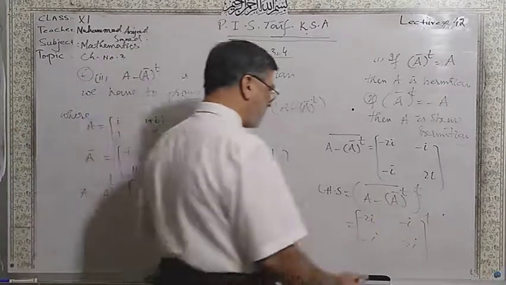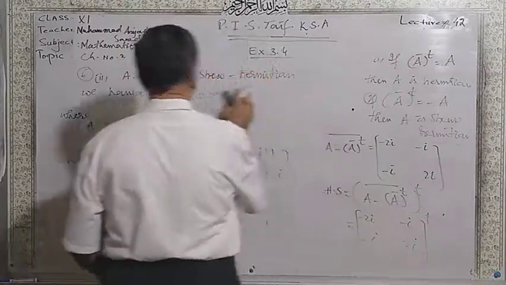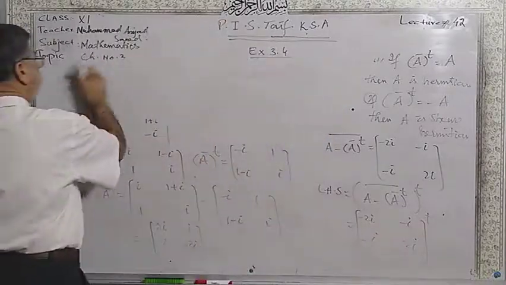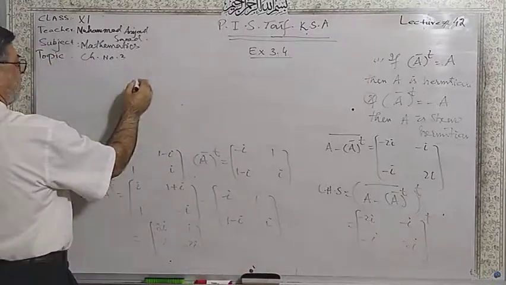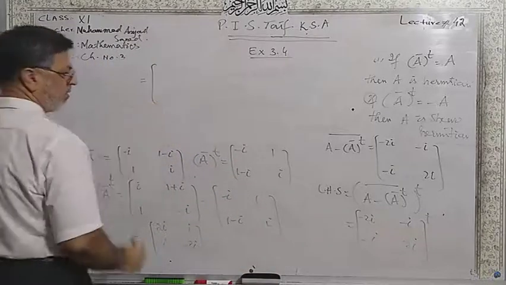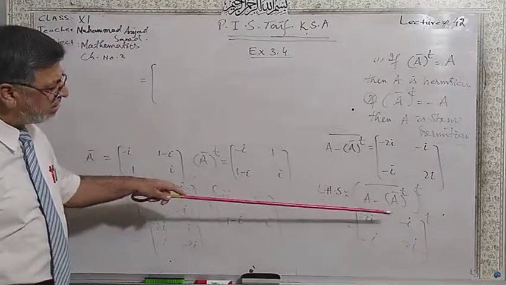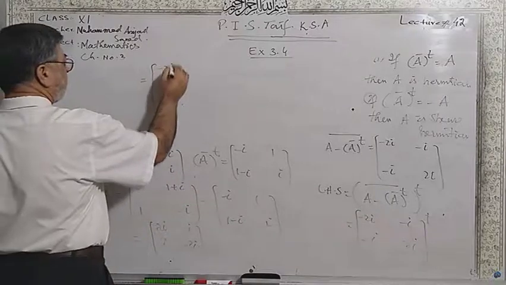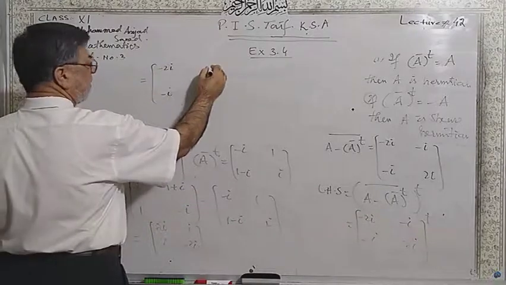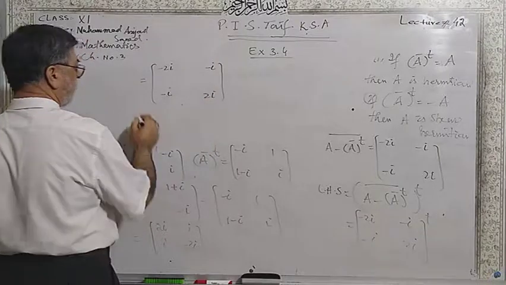When we apply this transpose, we will interchange rows into columns. Minus 2 iota, that was the first row, becomes the first column. Second row becomes second column.